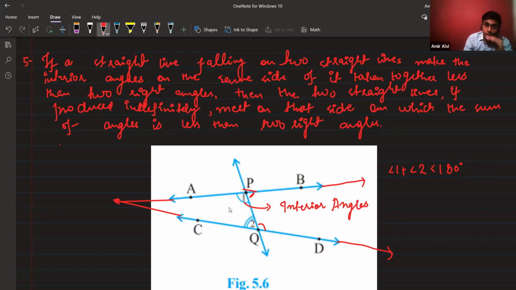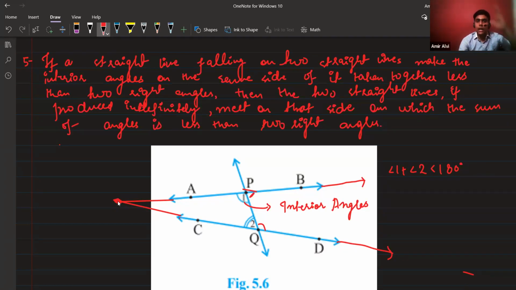But if the sum is less than 180, they are going to meet at some point. If I extend this, this will go this way and this will go that way, but they have an intersection point. Yes or no? This is the intersection point. I'm just visualizing it directly so you can understand, yes or no, Simrat? Yes.